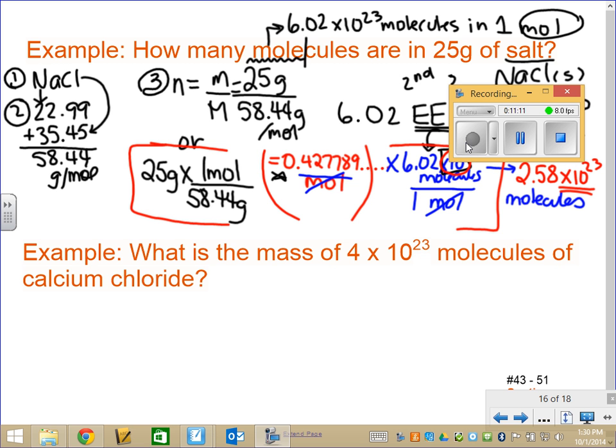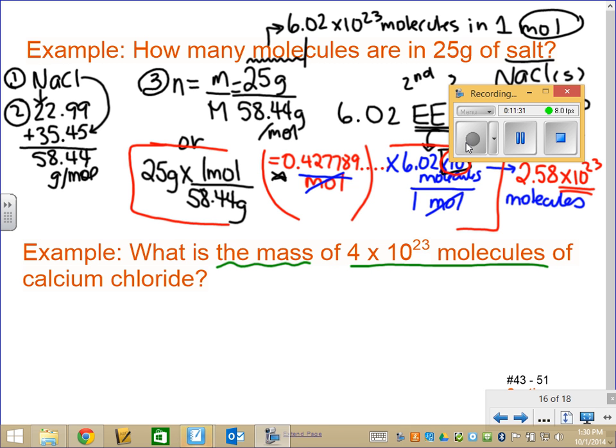All right, so in the second example, I'm asking you not this time how many molecules there are. That's not the answer we're looking for. I'm telling you how many molecules there are, and I'm asking you what is the mass.